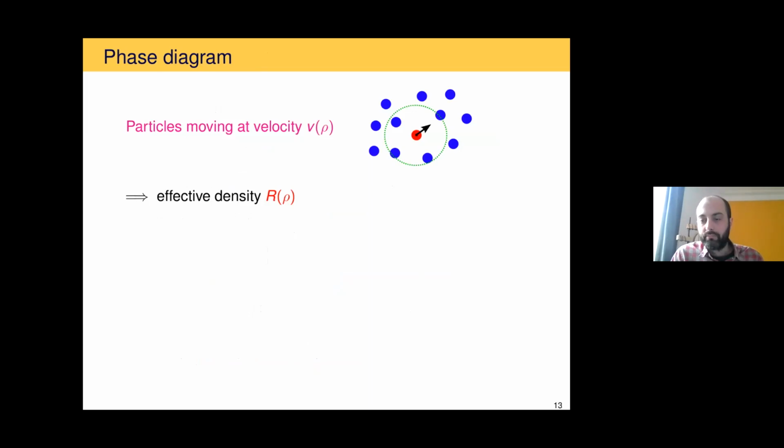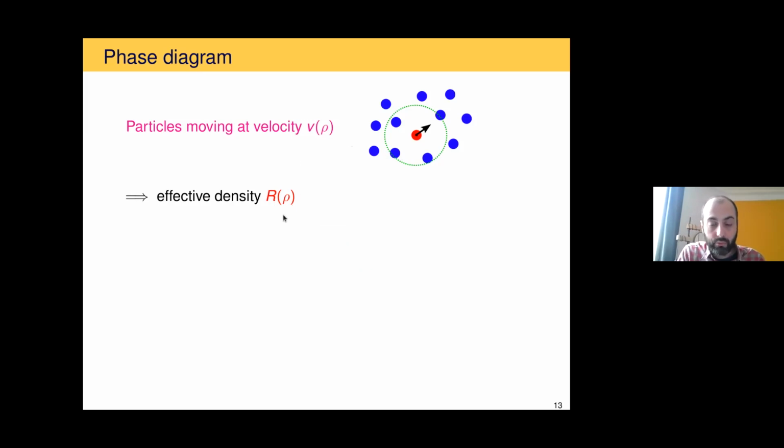So now that we can predict the coexisting densities with this construction, does it work? Can we compare this to simulation of the model with quorum sensing? I've shown you that we can derive the coarsening equation, so we have all the coefficients.